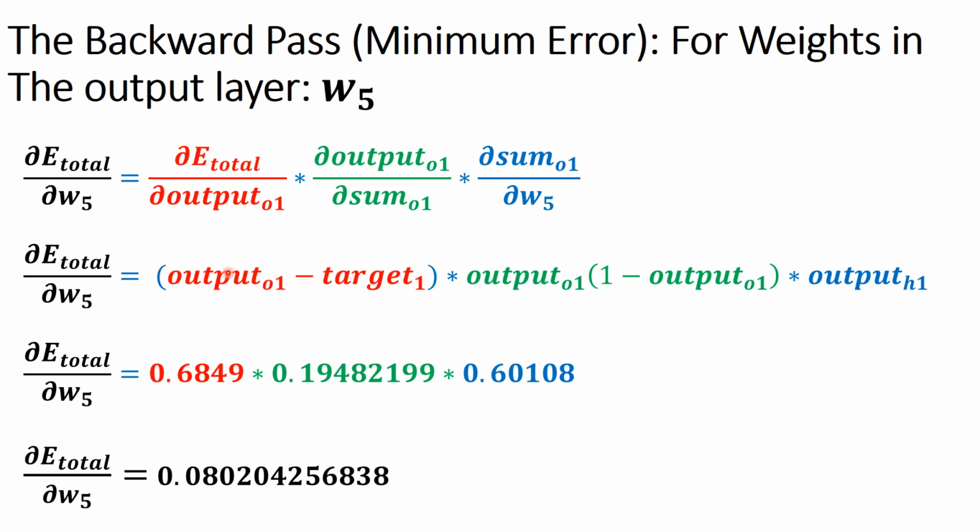This equals output O1 minus target 1, and this equals output O1 multiplied by 1 minus output O1, and this equals output H1. So 0.6849 multiplied by 0.2651 multiplied by 0.60108 equals 0.080204256838.